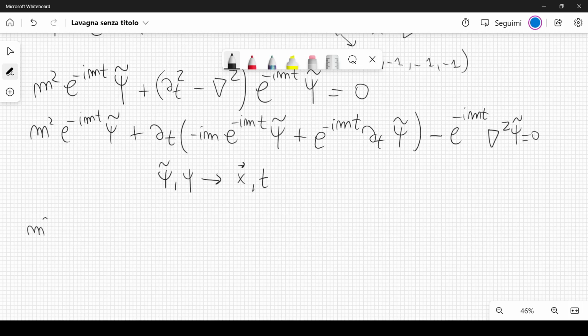We have m squared e to the minus imt psi tilde, and then I have plus minus m squared e to the minus imt psi tilde.